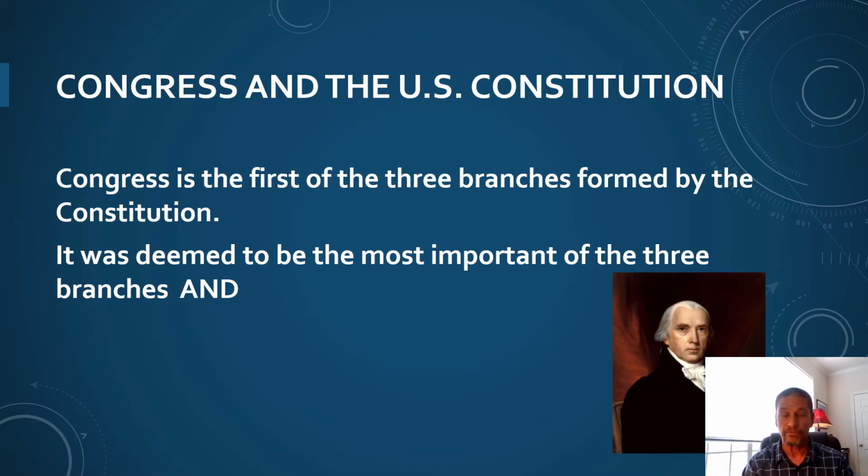So we don't make the laws directly. We vote people into office, and those people make the laws. That's what a representative democracy is. That's what a Republican form of government is.